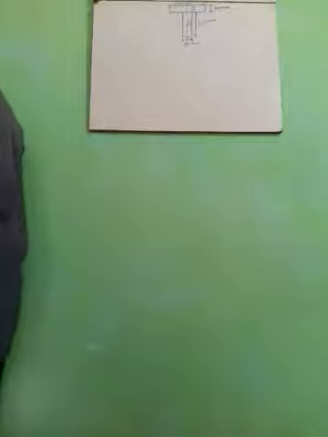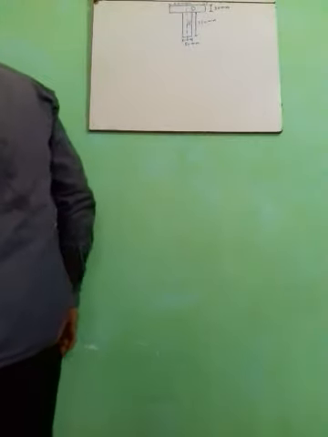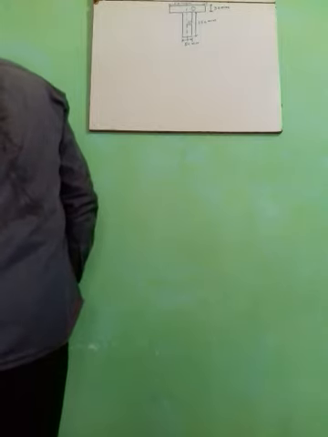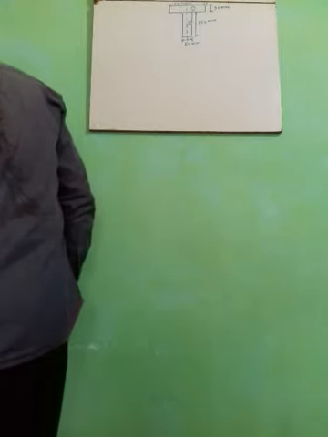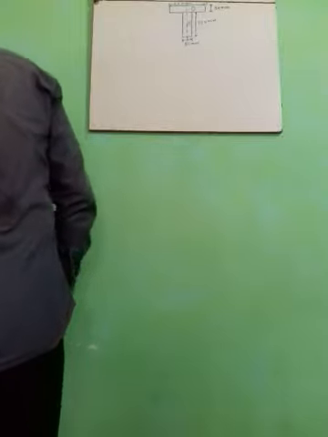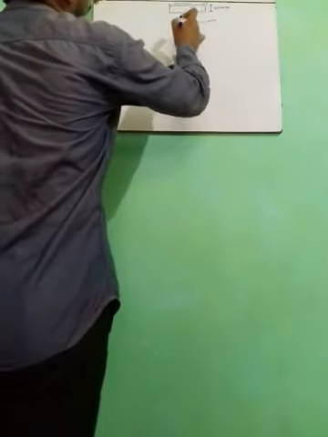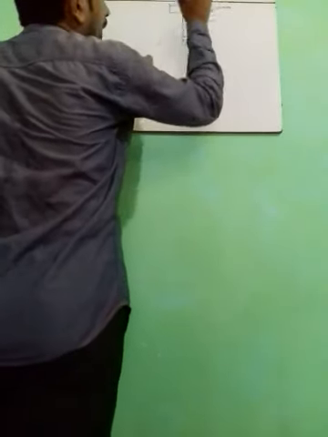First, see the problem. Find the moment of inertia of a T section with flange as 150 mm by 50 mm and web as 150 mm by 50 mm about the x and y axis through the center of gravity of the section. So here the T section is given. There are two parts of a T section.